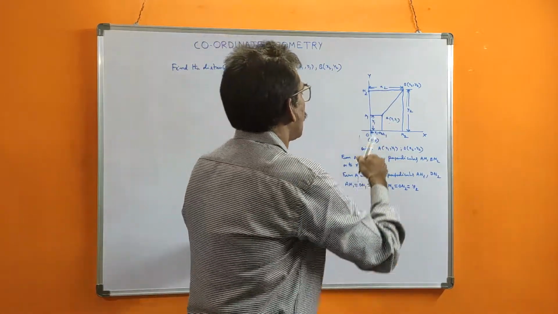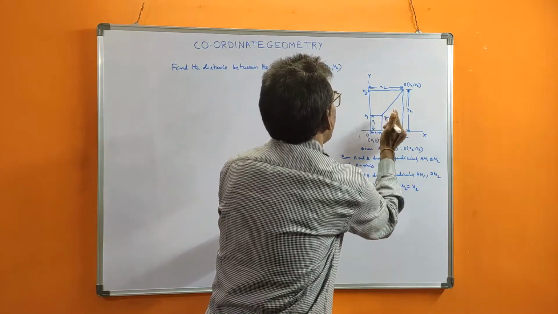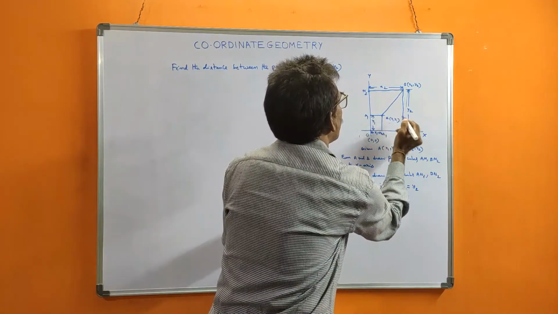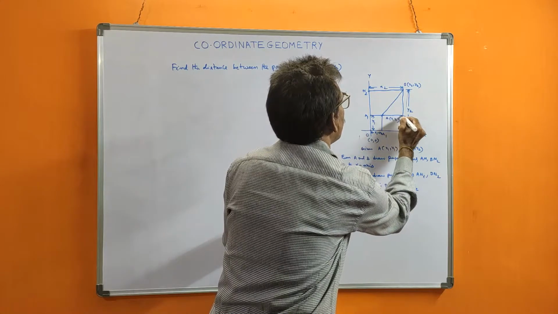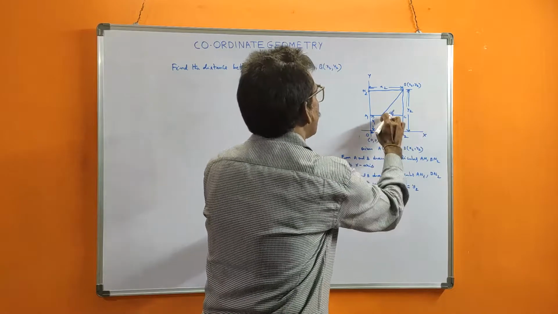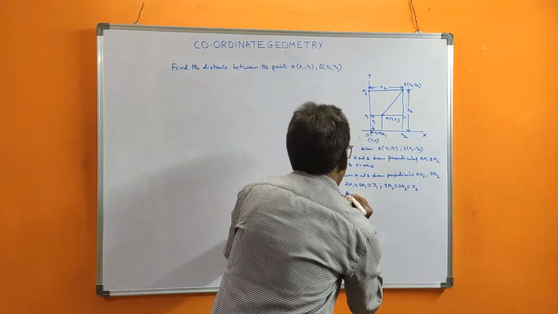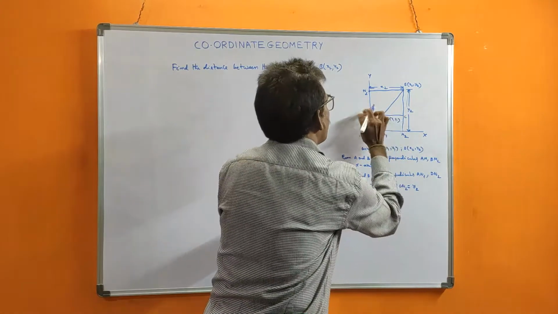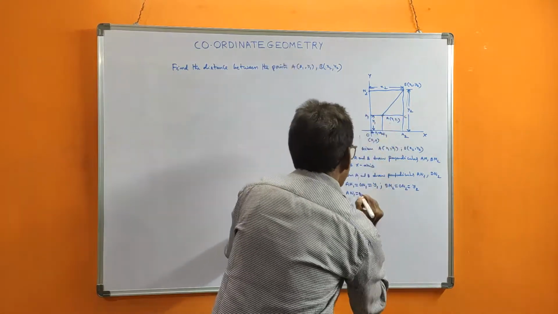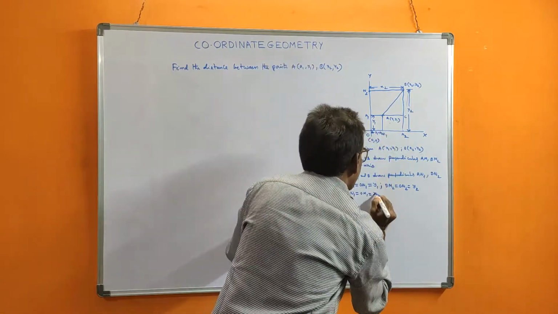Next, we will write the horizontals. Name this point C. Now this is A, and AN1 is equal to OM1, that is equal to this distance x1.